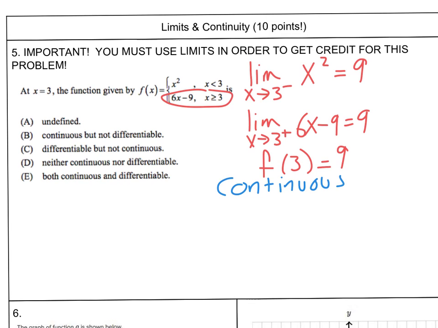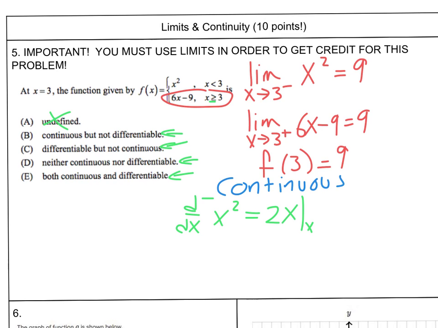To check for differentiability, which a couple of these are asking about, in fact all 4 are asking about this, except for the one that says it's undefined, which is not true because we have a value here based on the equals part. We have to take the left derivative and the right derivative. So from the left, the derivative of x squared is going to be 2x.